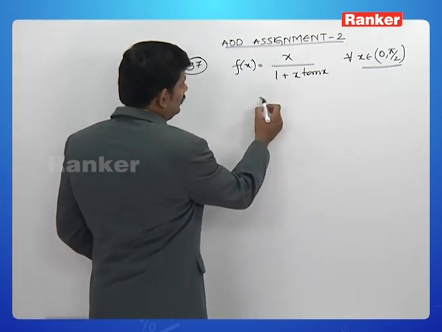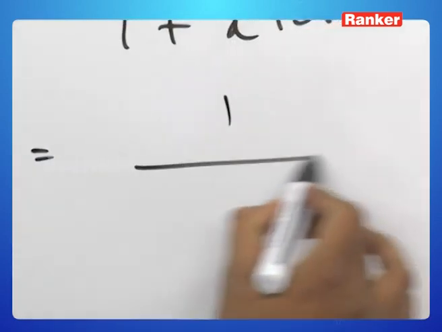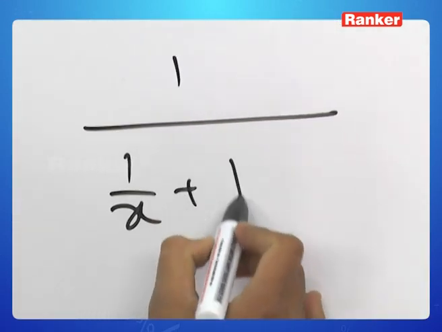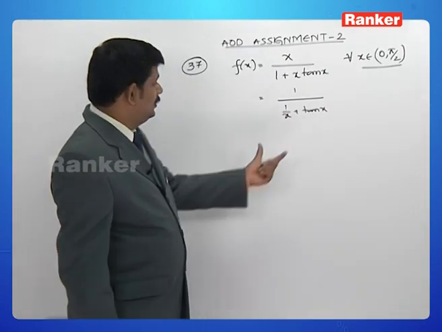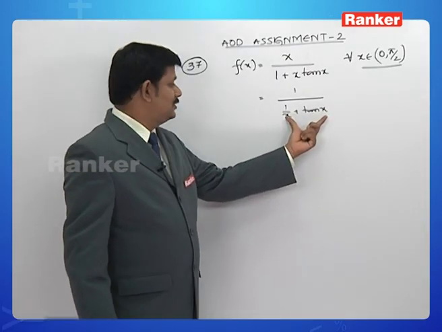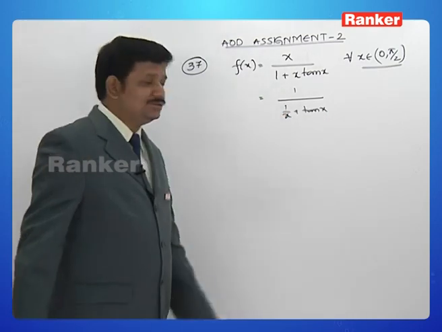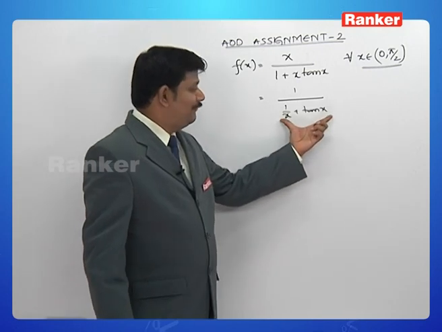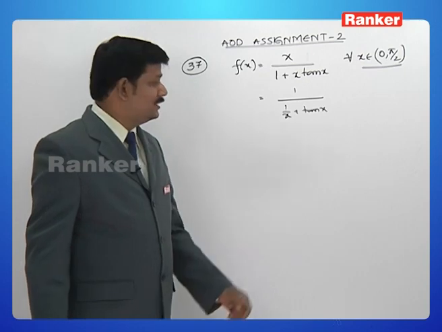Instead, I can divide numerator and denominator by x, 1 by x plus tan x. This is a positive function, tan x is positive, 1 by x is positive, and f of x is the reciprocal of a positive function. So, wherever 1 by x plus tan x is decreasing, f of x would be increasing.